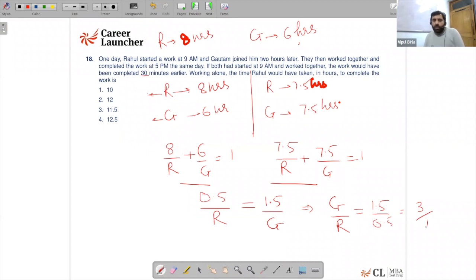So the ratio of time taken by Gautam and Rahul is 3:1, right?